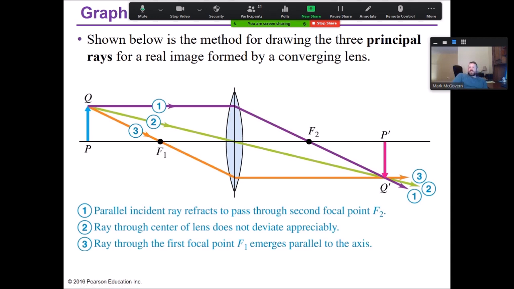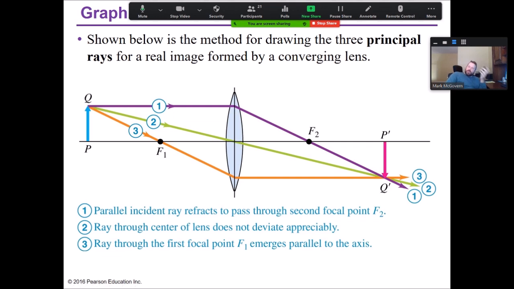Now, because this is a thin lens, if this is sufficiently thin, then when the light passes through the center of the lens, it would get slightly deflected. It enters through here, and it possibly would shift the ray up just slightly.